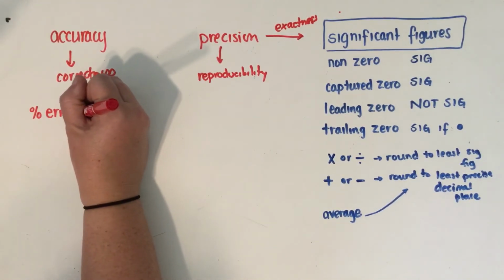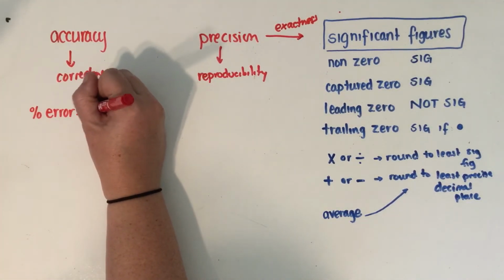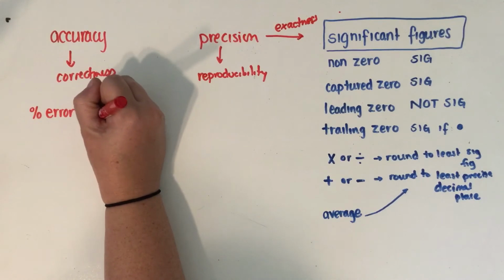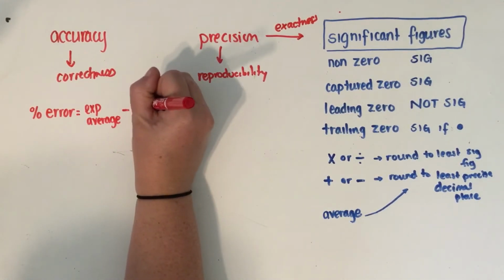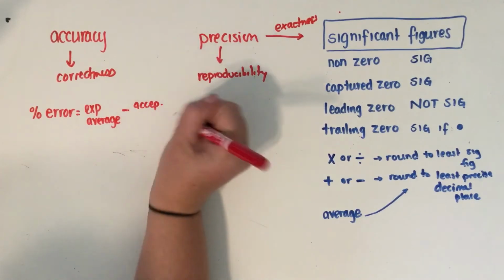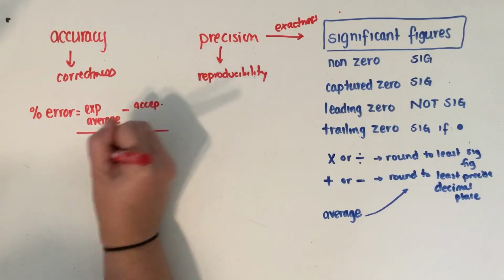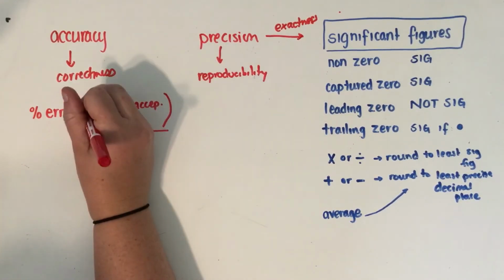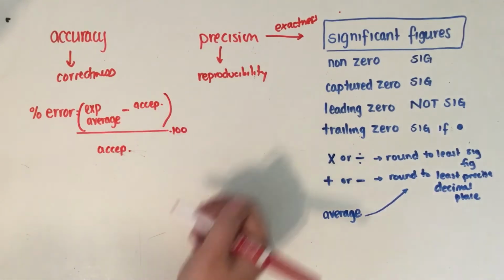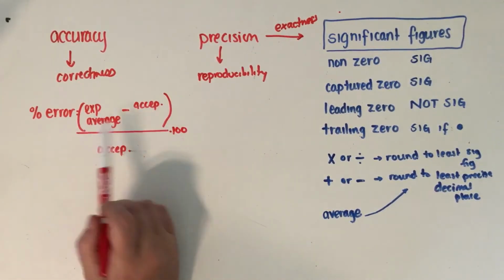Percent error equals, and we're going to take our experimental average minus the accepted value of whatever we were trying to figure out, divided by the accepted value times 100.